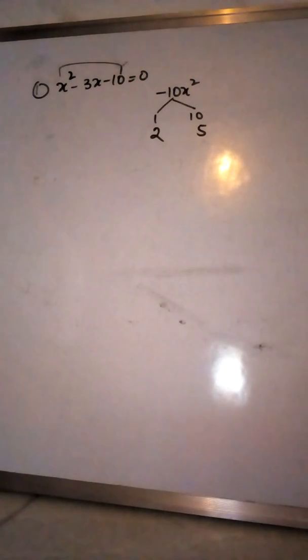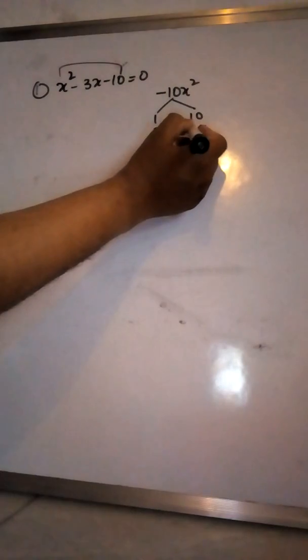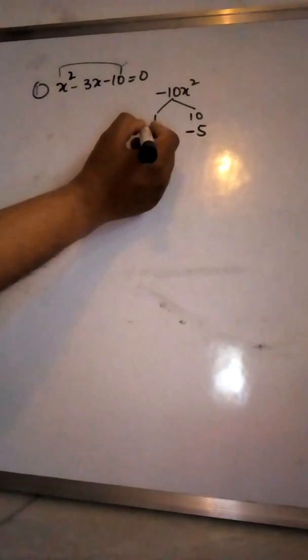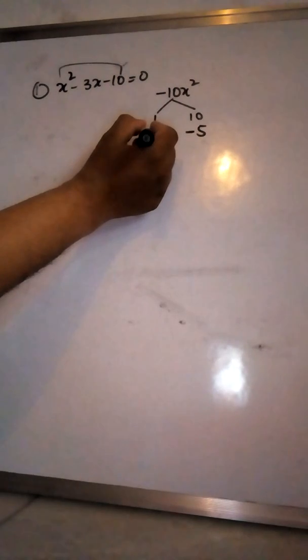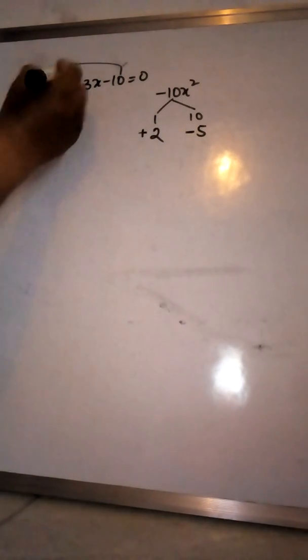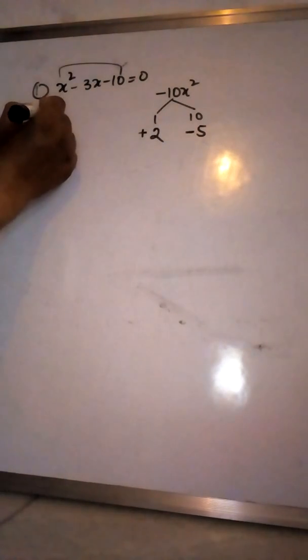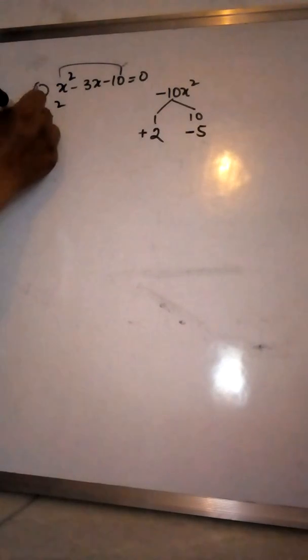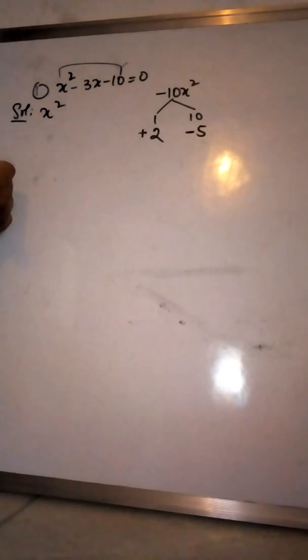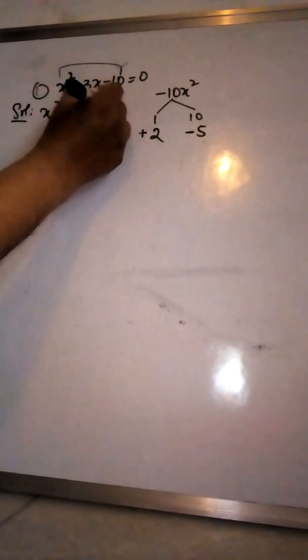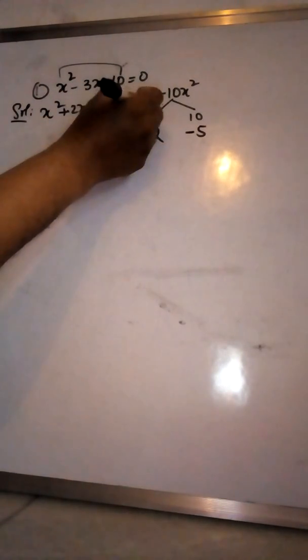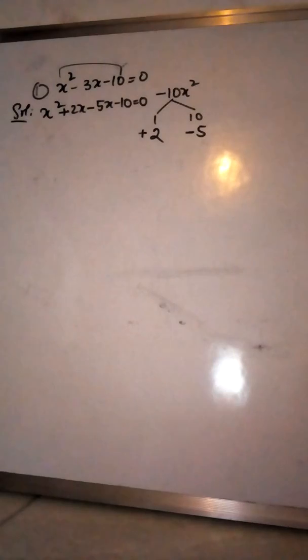Whatever the sign is with the middle term, it should be given to the greater factor, and since we have to subtract, the smaller factor should be with plus sign. So this can be written as x square plus 2x minus 5x minus 10 is equal to 0.